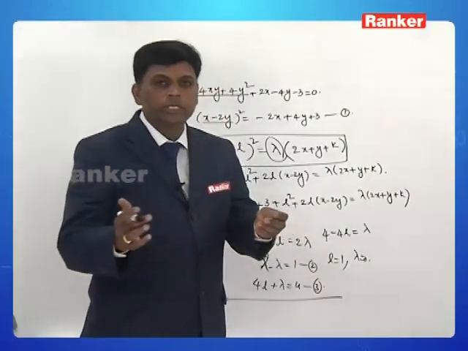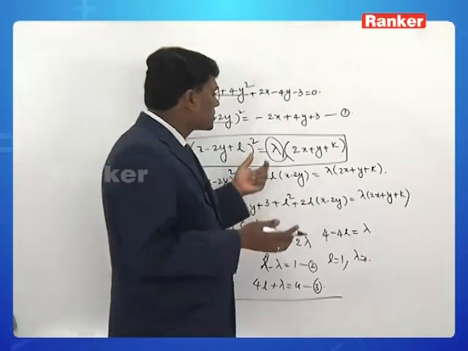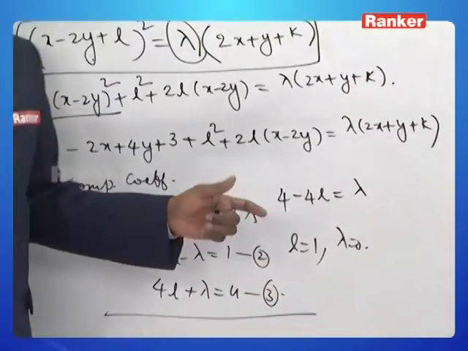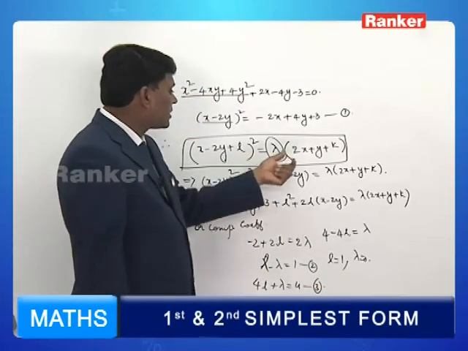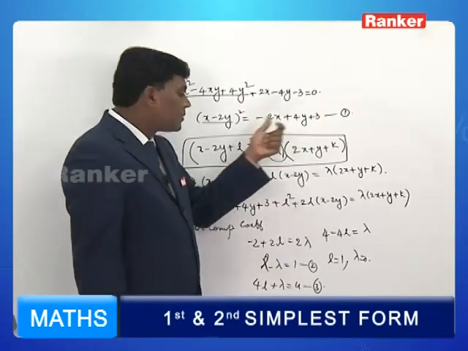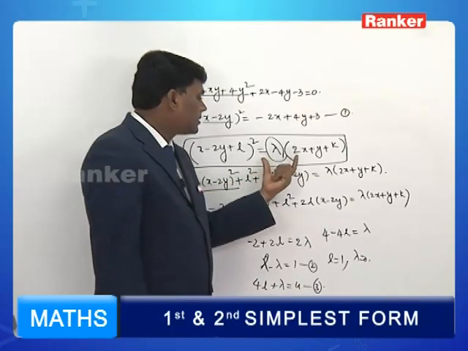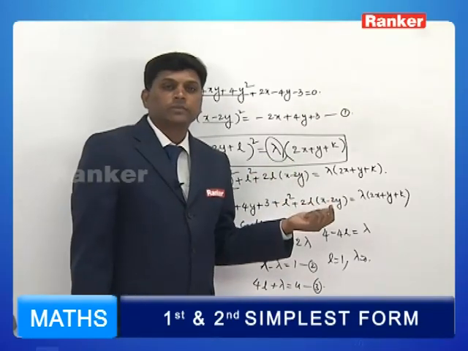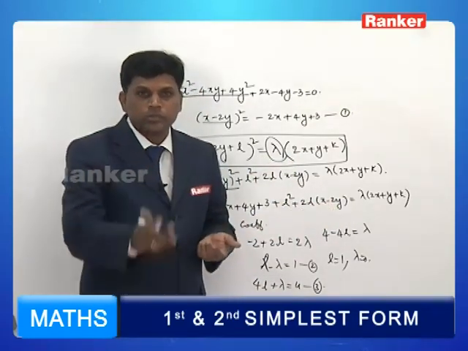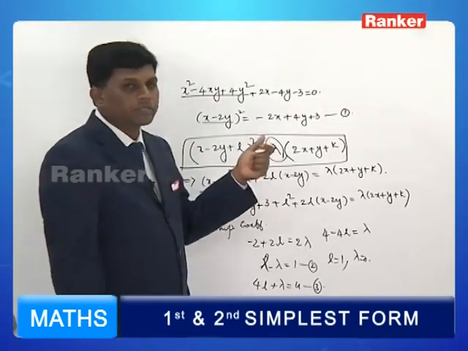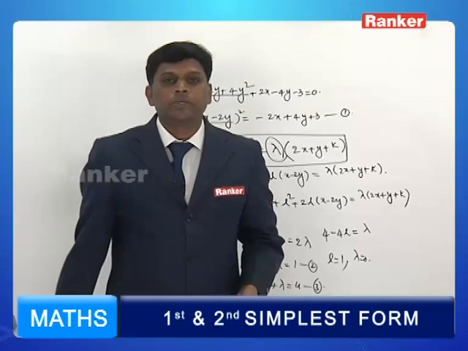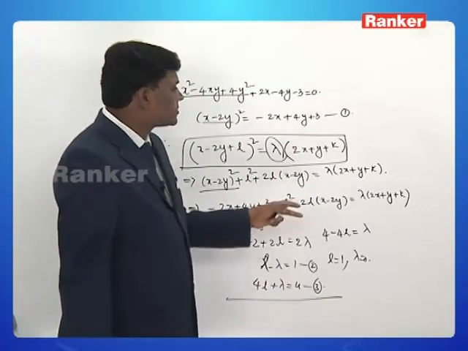On comparing the corresponding coefficients on both sides, we get the lambda, L and k values. Then substituting back, we get the parabola in its general form. If we divide both sides by the root of a square plus b square, we can convert it into distance form, and use the previous technique to get all the properties of this parabola.